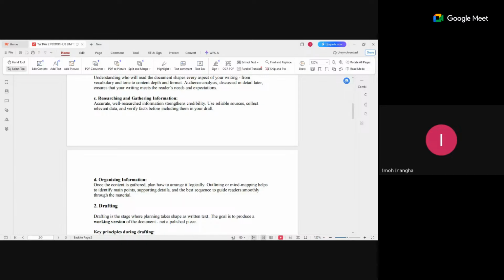Then D, you have organizing information. Once the content is gathered, plan how to arrange it logically. Outlining or mind mapping helps to identify main points, supporting details, and the best sequence to guide readers smoothly through the material.